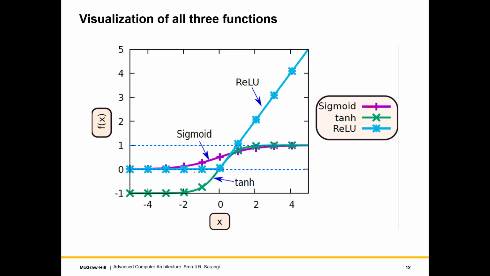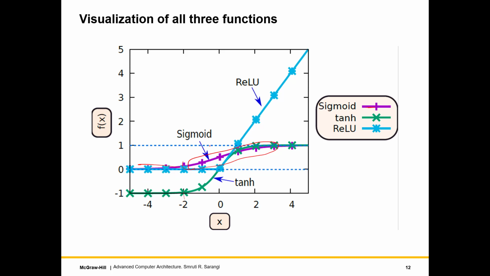The sigmoid function transitions from 0 to 1 quite gradually, between let's say minus 3 and plus 3, which is where the action happens. Otherwise the function is fixed. The tanh function, on the other hand, goes from minus 1 to plus 1. Again, most of the action happens between minus 2 and plus 2. This is where it actually learns and adapts.